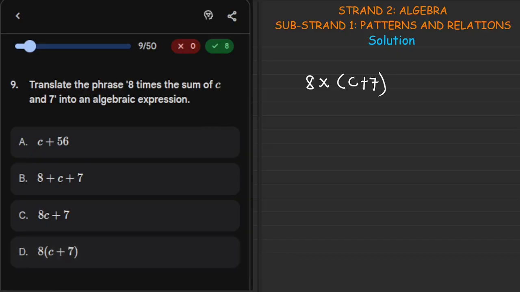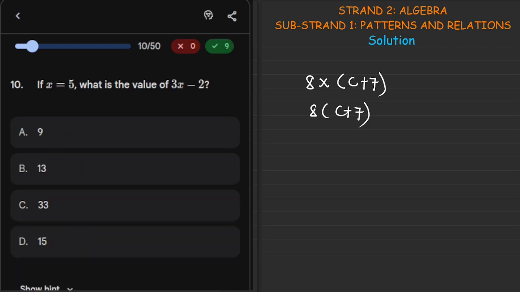This here is the sum of C and then 7. And this can be written as 8 into bracket C plus 7. You see, so looking at our options we have here, we have C plus 56. No. C plus C, 8 plus C plus 7. That is also false. But then our answer is D, which is 8 into bracket C plus 7.